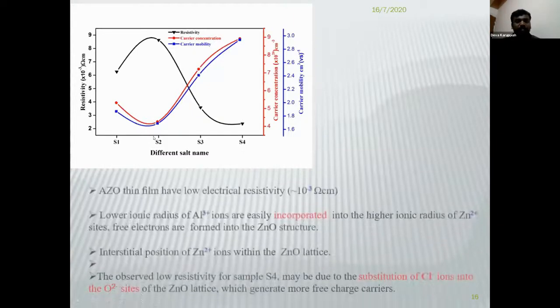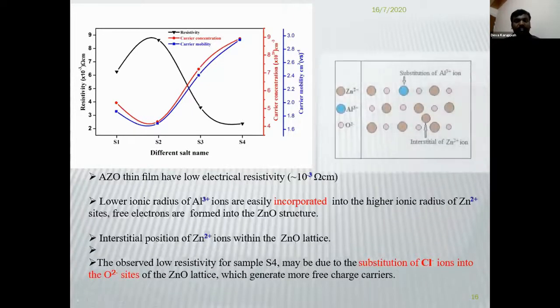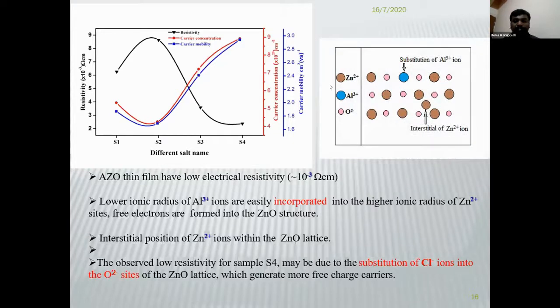So this is why AZO has low resistivity, because this is the mechanism. The low ionic radius of the aluminum ion can easily be incorporated into the zinc site. As a result, it can donate free electrons to the zinc oxide structure, and some of the zinc acts as interstitial position.